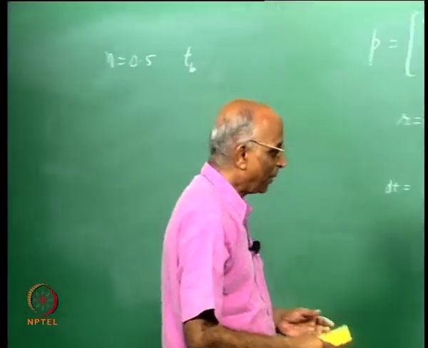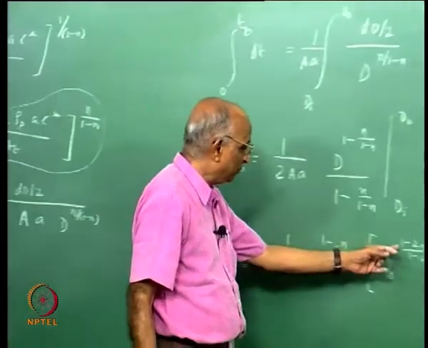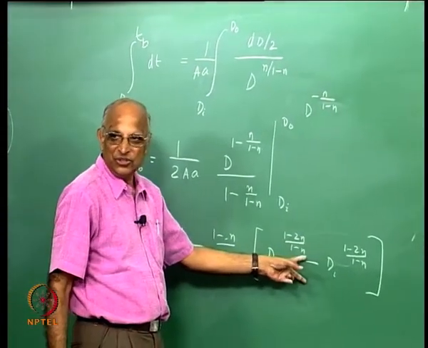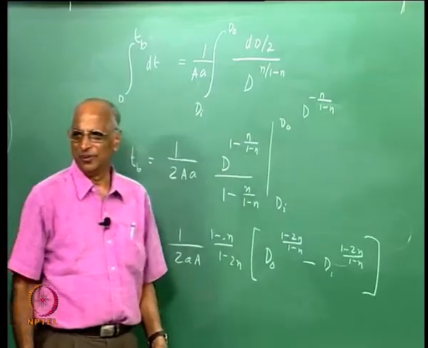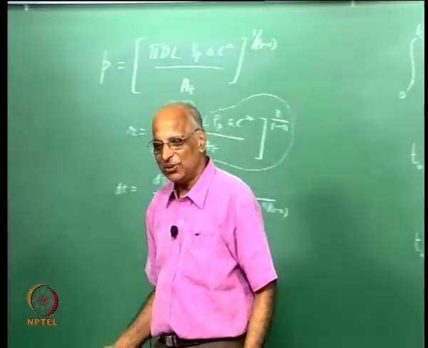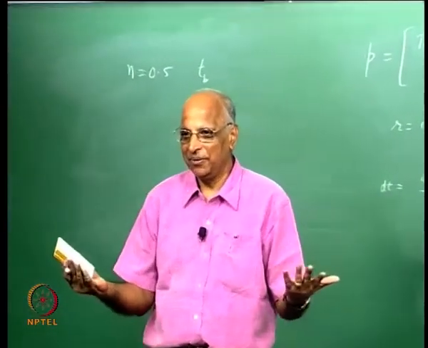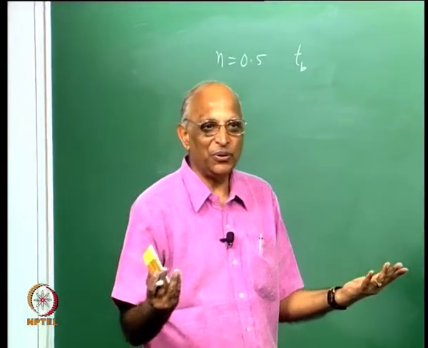Let us do it. 1 minus 1 is 0. So, there is a problem. That means why is it not usable? Can we ask ourselves what has gone wrong? We have done it correctly, but it is not working at n equal to 0.5. Why?